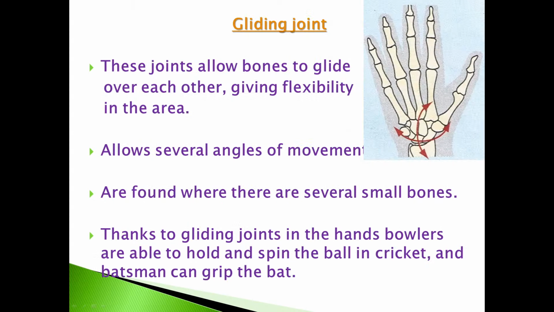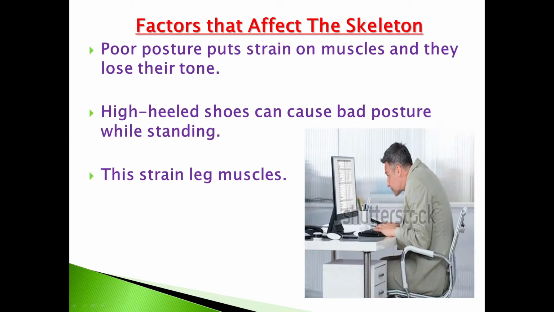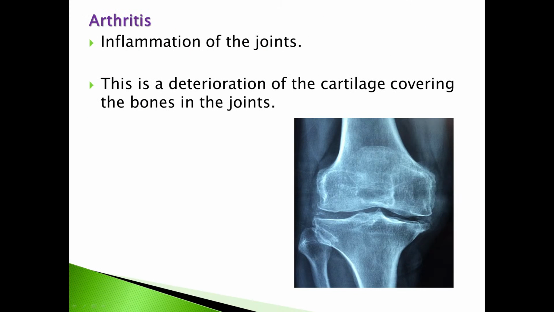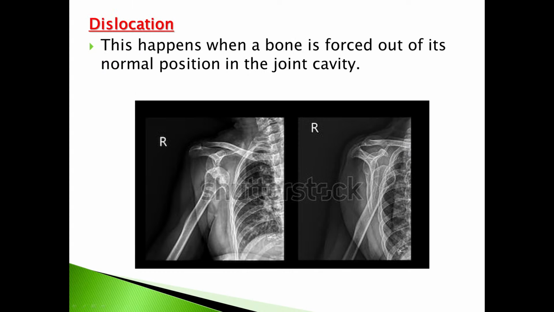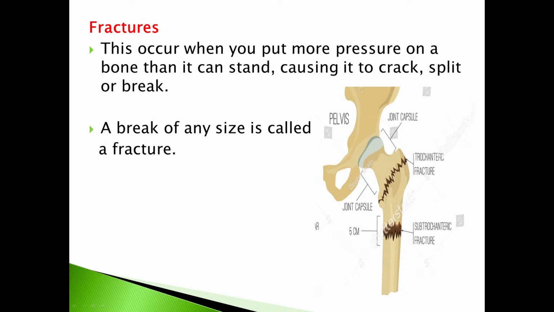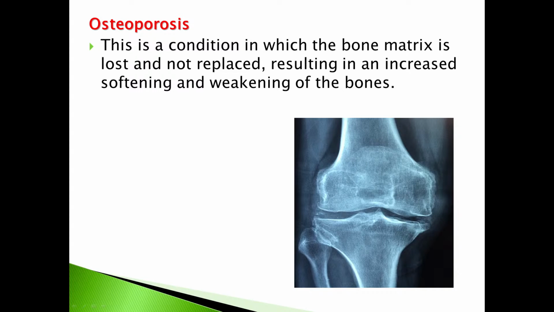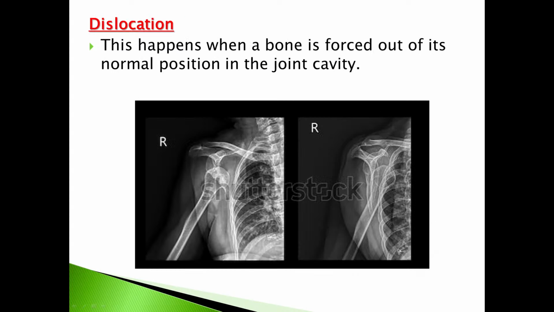And of course, we looked at different things that affect the skeletal system: arthritis, which is a degenerative disease, which means that the human body parts basically get worn out as you get older. Dislocation, what we normally call hand slip out or knee slip out, and fracture, what we normally call a broken hand or whichever part of the body you would say broke. And osteoporosis is when your body is not able to absorb the calcium.